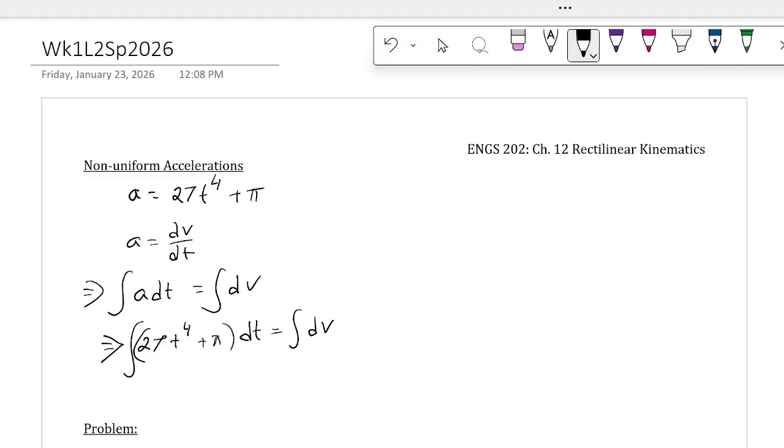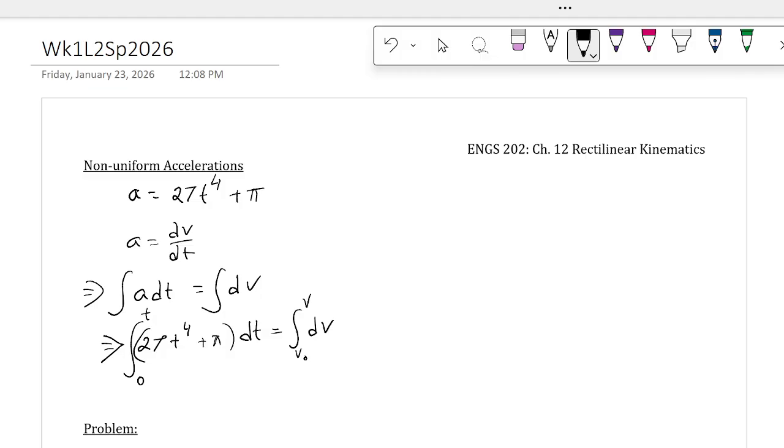For velocity, the limits are initial velocity to final velocity, which is v0 and v, right? And for acceleration, the left side one, since it's a function of time, your initial time, which would be 0 or t0, whatever way you want to say, to t, time t. So those are the two limits.